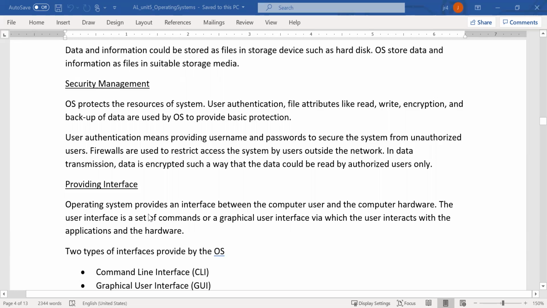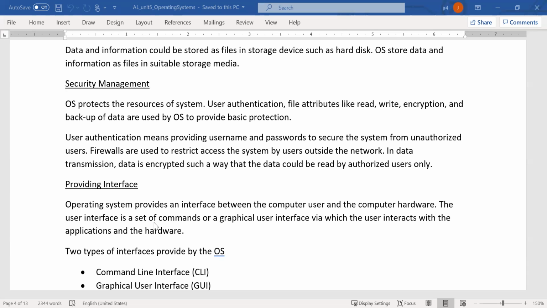And then security management: you have to protect the system, especially users. We have to get the authentication, and for that you can use usernames or passwords, and we need to prevent unauthorized users.